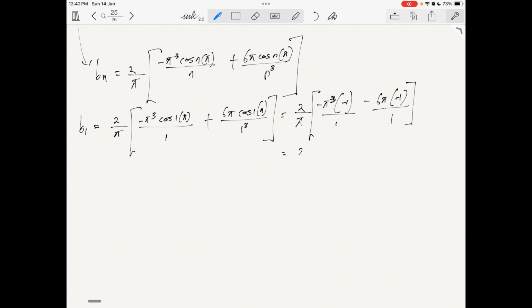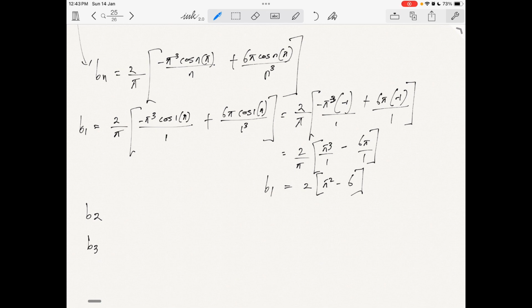So we have 2 over pi times pi cubed over 1 minus 6 pi over 1. So let's divide all through by pi. We are left with 2 times pi squared minus 6. This is b1.